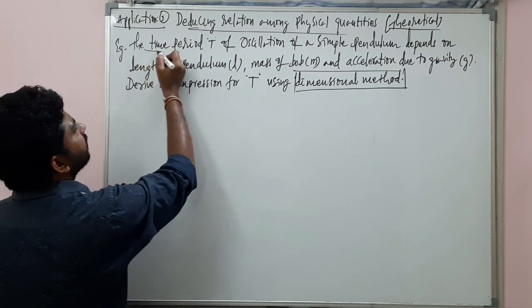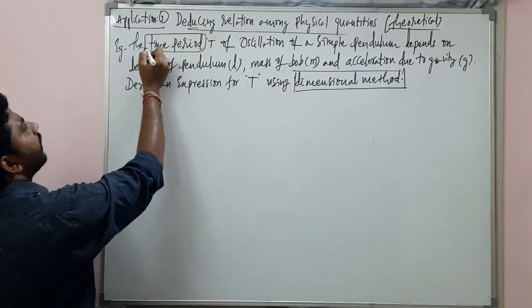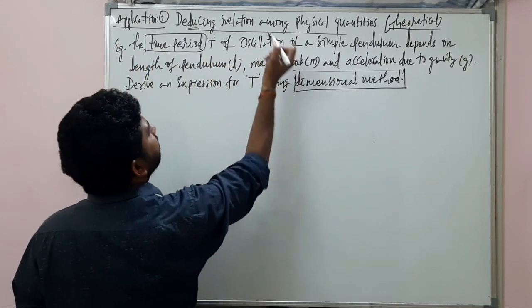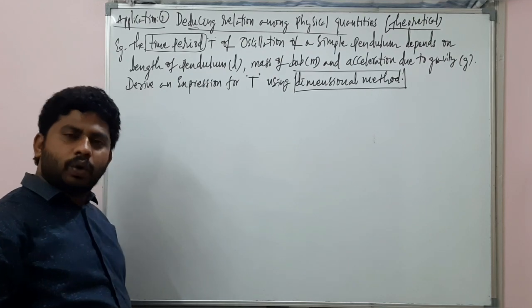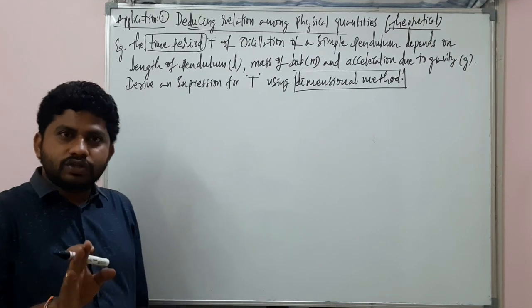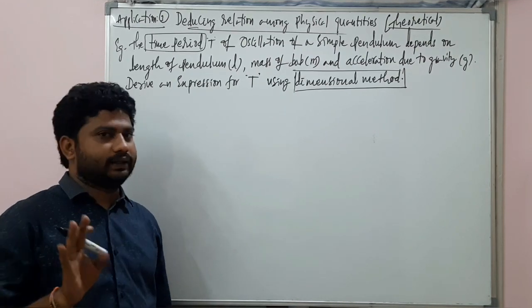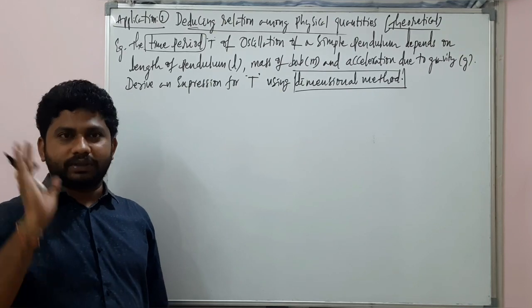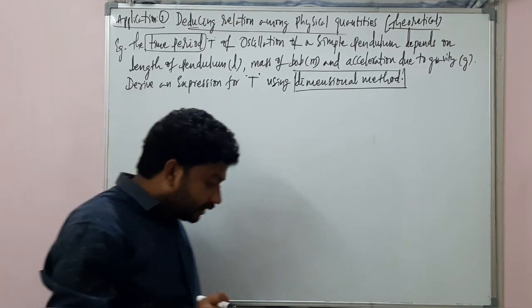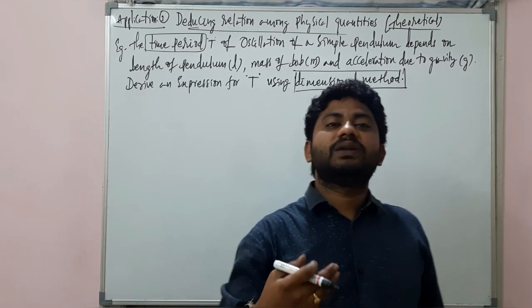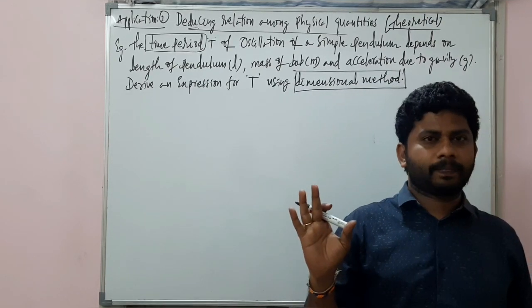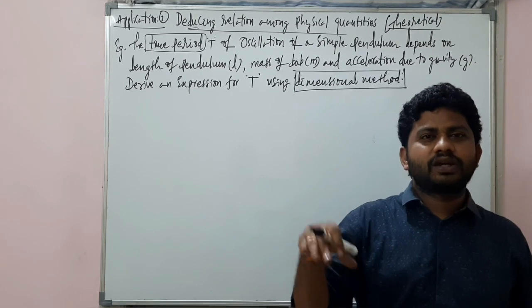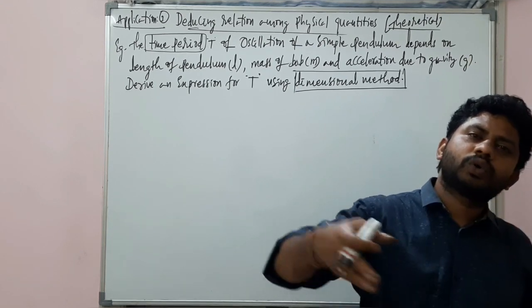The time period of oscillation of a simple pendulum. What is the time period? This is not required in this case, but still, what is the time period? Time period is the time taken by an object or a body to finish to and fro motion.